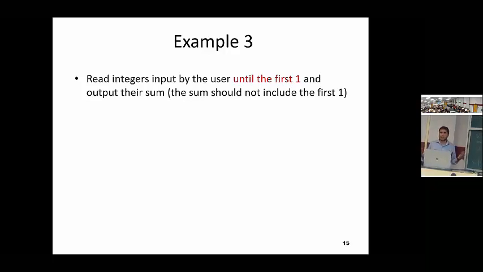Sometimes you can really use -1, 0, it's up to you. So this 1 here is kind of a convention, right? So the output message to the user is keep inputting integer numbers, and if you are done, please input 1, right? And then based on this, you output the sum, right? But the sum technically shouldn't include the last one because this is your exit symbol with the user, right? Any idea how to do this?